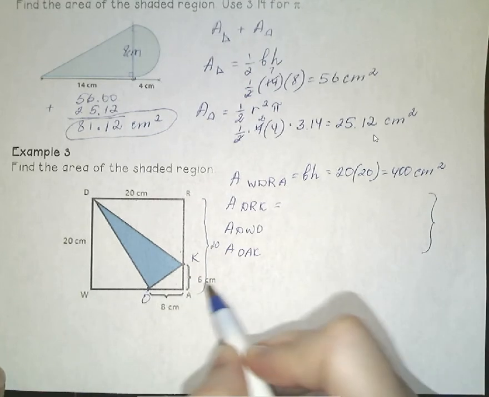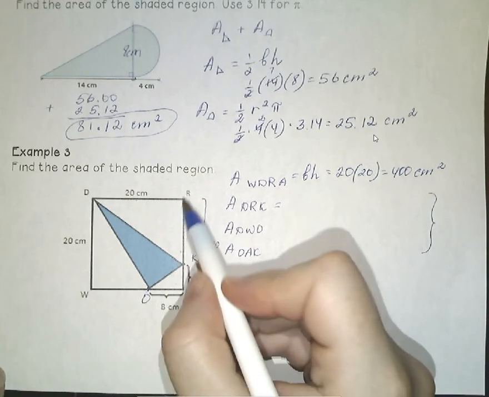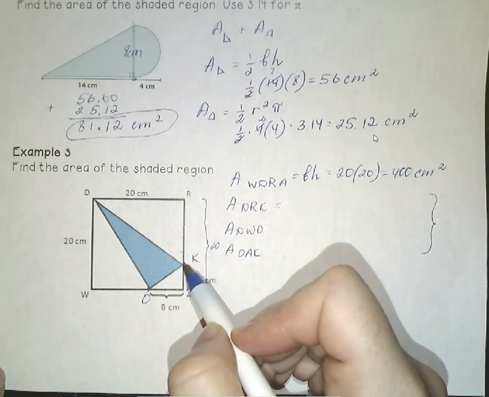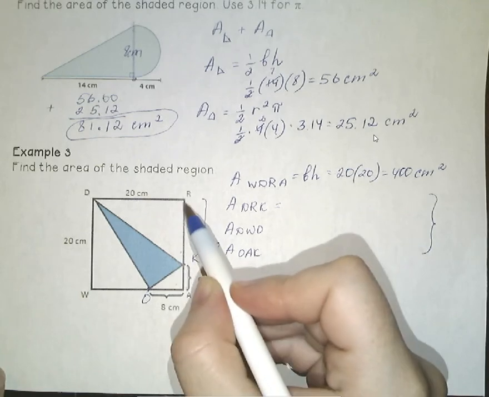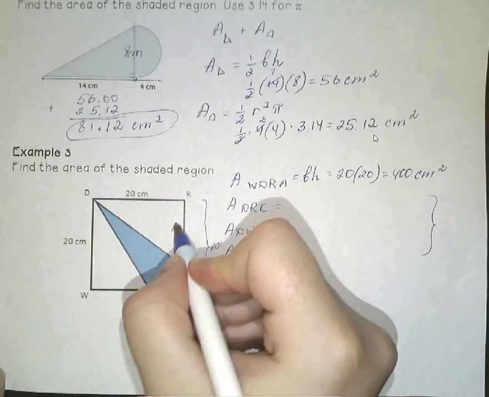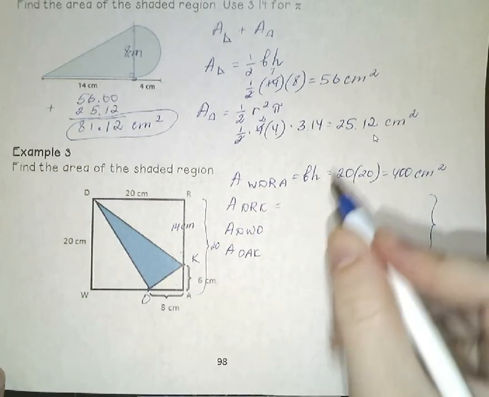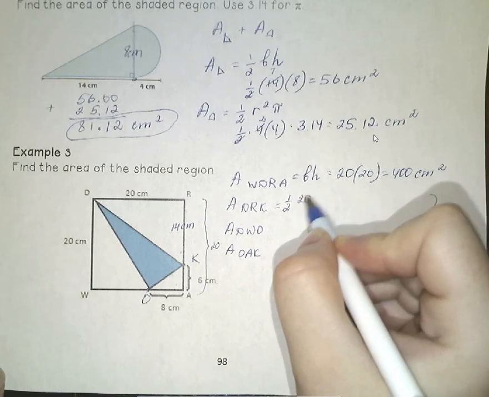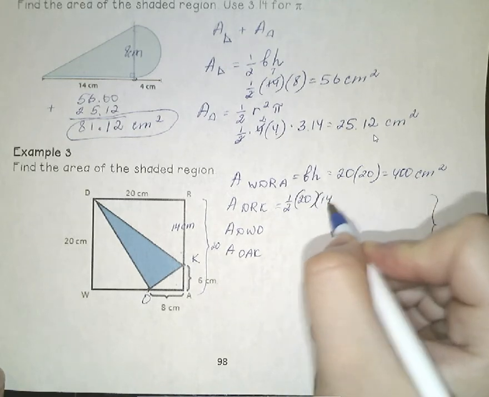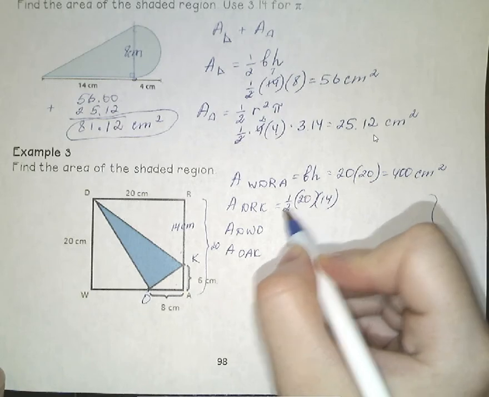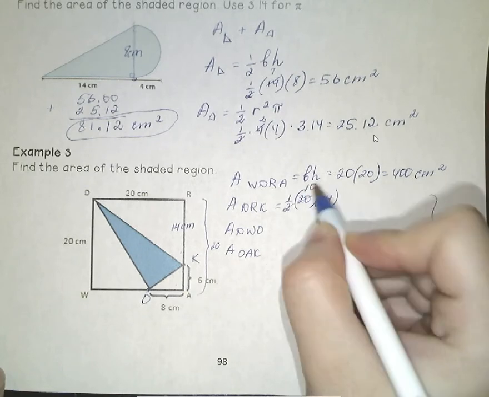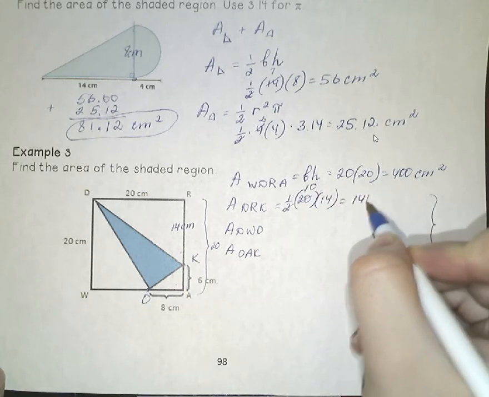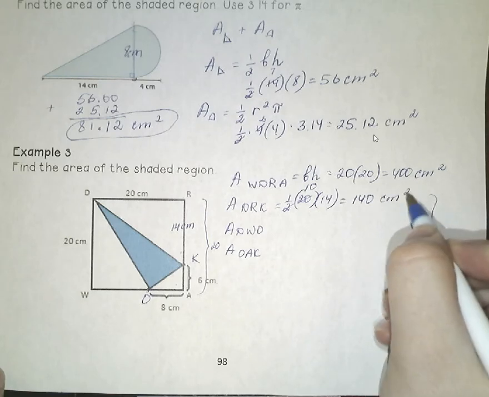Part of it is 6 centimeters. So this side has to be what is left when we took 6 away from 20, which is 14 centimeters. We are multiplying half by 20 by 14. Half of 20 is 10, and 10 times 14 is 140 centimeters squared.